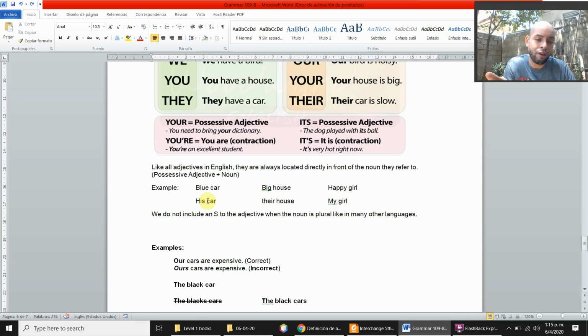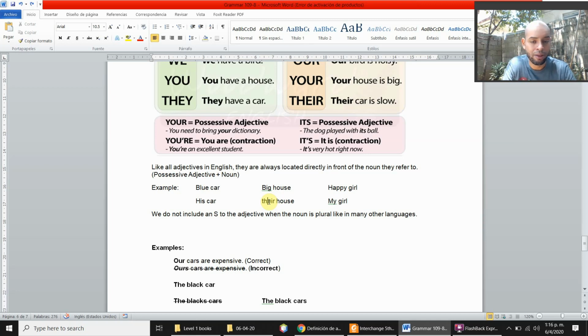What is it describing about the car? The owner of the car. His car. Big house. Again, it's describing the size of the house. And here, their house is also giving a description of the house. What's the description? It's saying that the house belongs to them, to the people we're talking about.